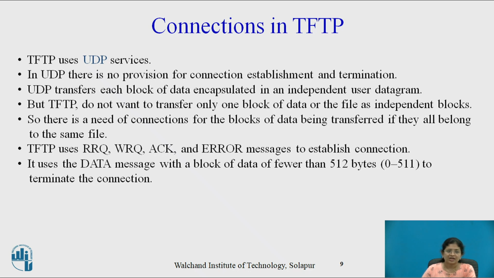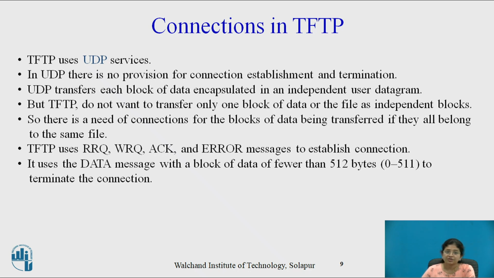So as I said, TFTP uses UDP services. In UDP there is no provision for connection establishment and termination. UDP transfers each block of data encapsulated in an independent user datagram.